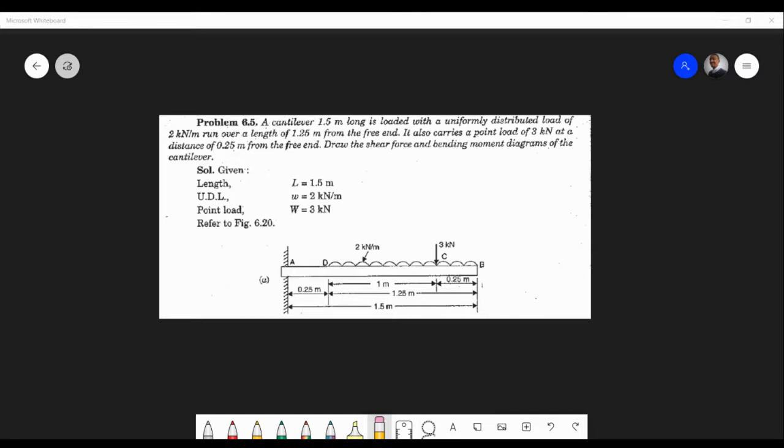Who's got the force at the wall? 6, sir. Are you sure? No, I made a mistake. Sorry, sir, that's 5.5. Yeah, I also got 5.5.